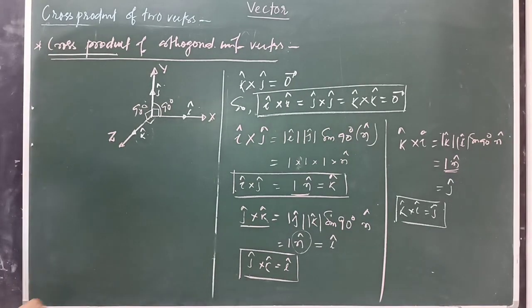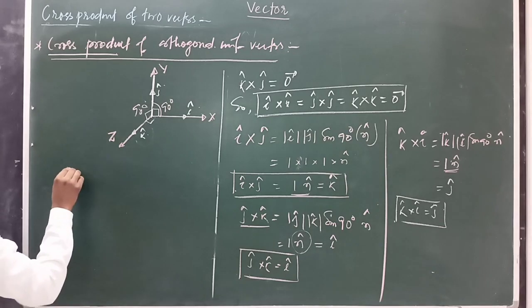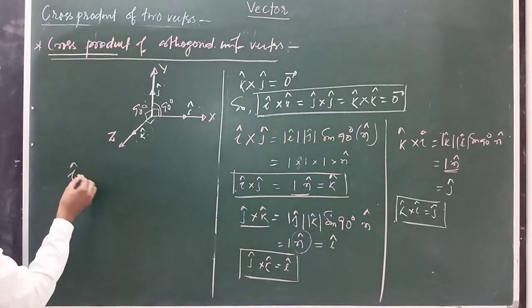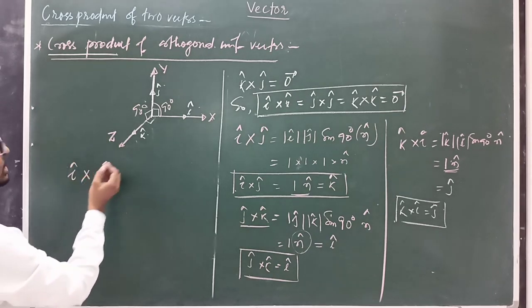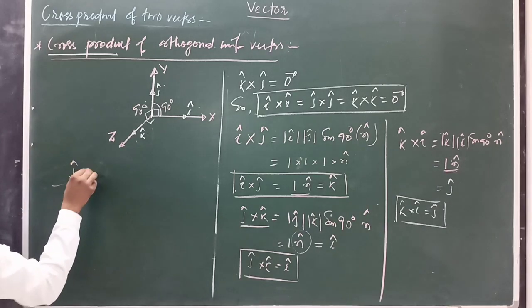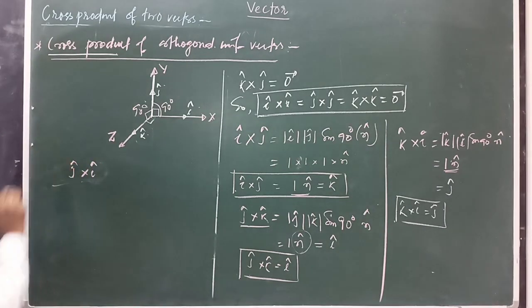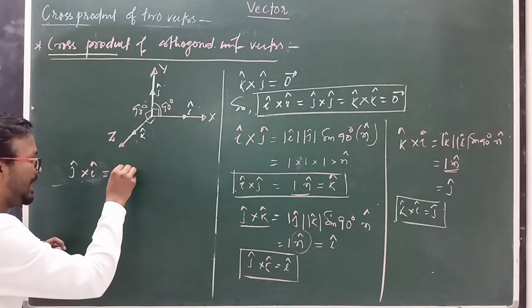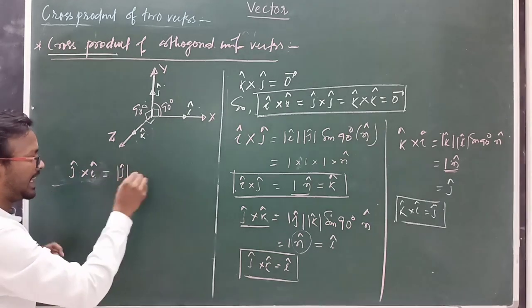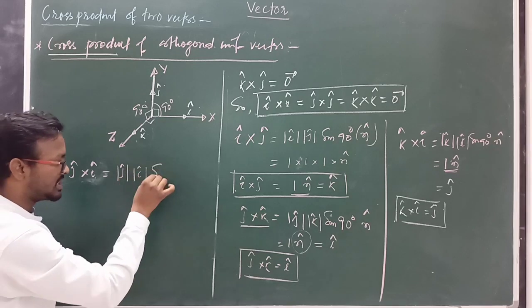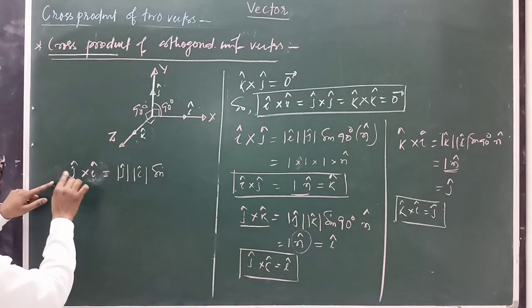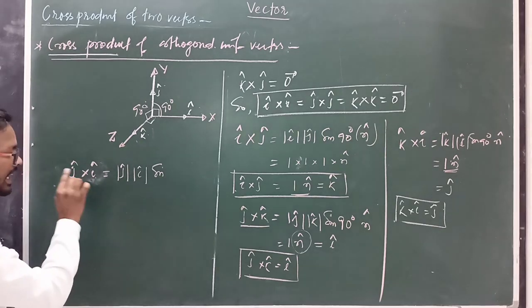Or if you want to write in another format, suppose we have to find the third unit vector, means here i cap into k cap. Clear? Or j cap cross i cap. So in this case a cross b is magnitude of a, magnitude of b into sine of the angle between j cap cross i cap, means the j vector and i vector.